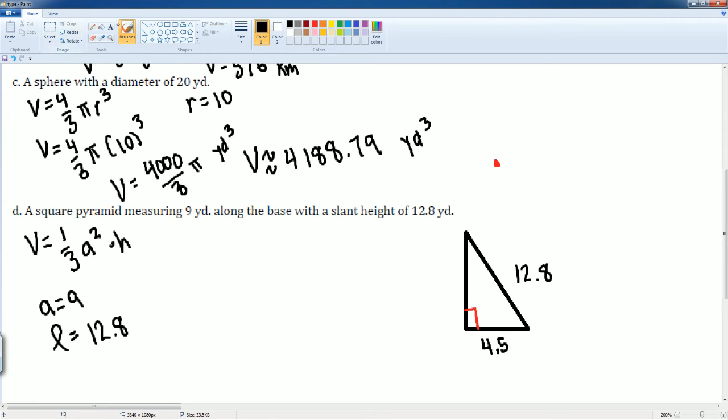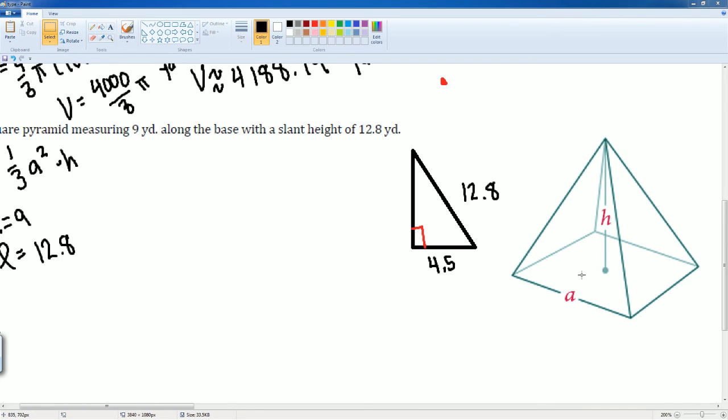If you don't see it, let me draw it for you. Oh, let me just grab a pyramid for you. Hold on. Okay, here I grabbed the pyramid. So do you see here the whole length of this is 9? That's what it says in the question. If you want to break this up, you can use the Pythagorean theorem.